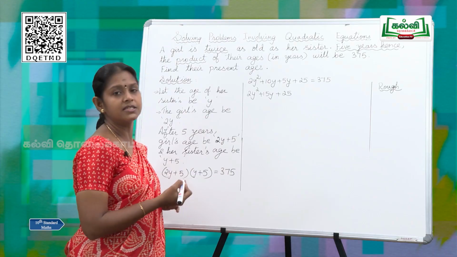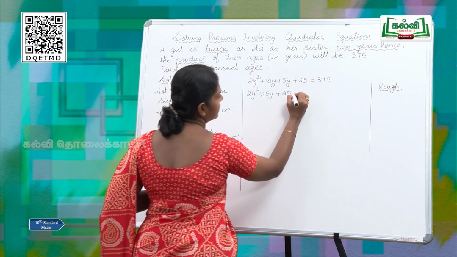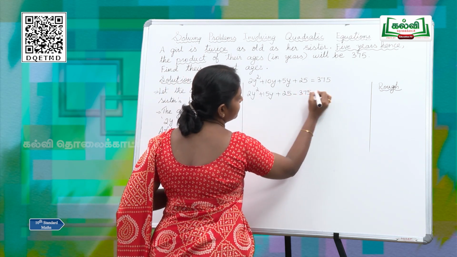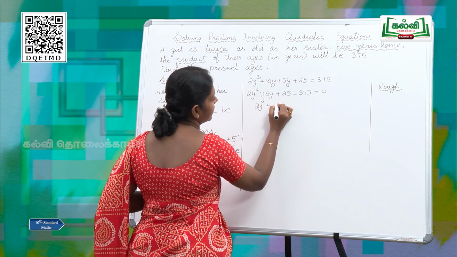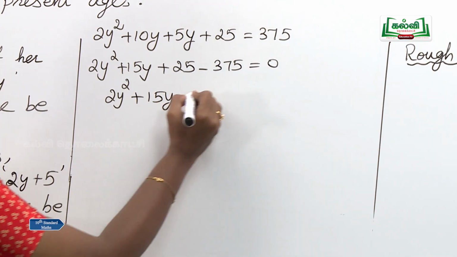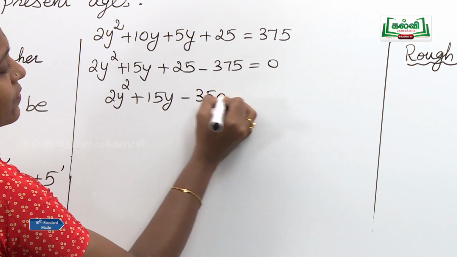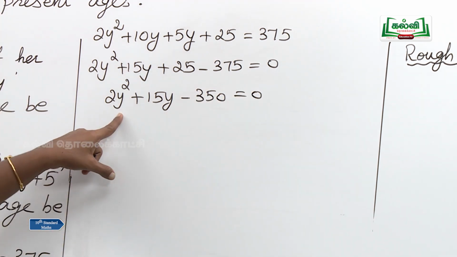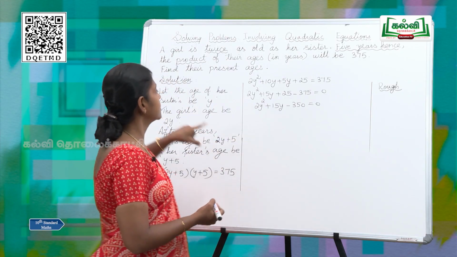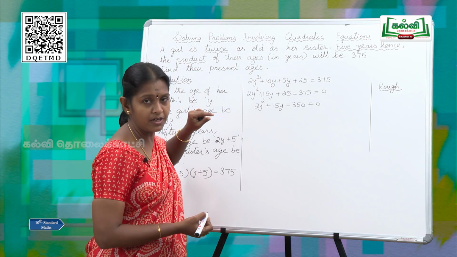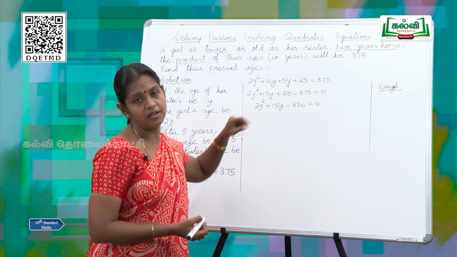If you take this 375 across, it will be minus 375. So, it will become 2y squared plus 15y minus 350. Now, you see this? Is it a quadratic equation? Correct. So, we made the statement problem into a quadratic equation.